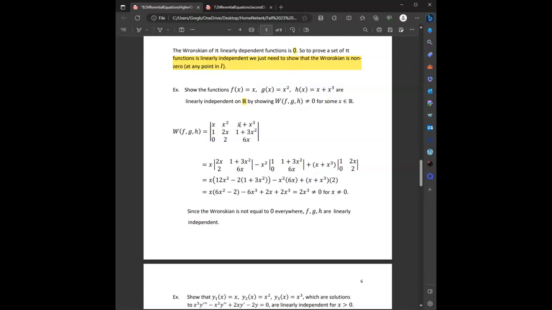And as we did in the homework, you can show this by taking the Wronskian of the functions. The first row has the plain f's, and then the second row has the primes of it, right? So the derivative of x is 1, the derivative of 1 is 0, and then x squared, and the derivative of that is 2x, and then same thing for the last line.